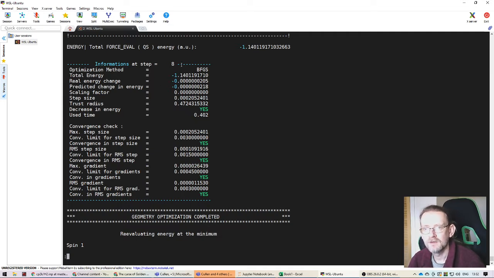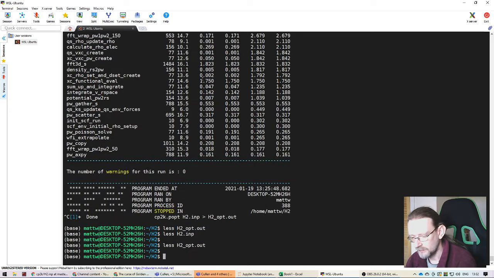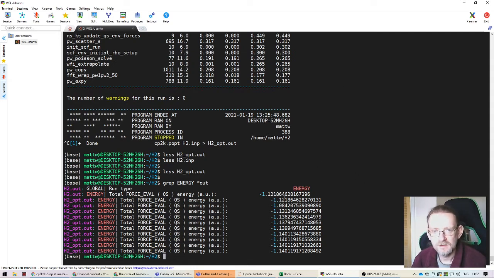And so after several steps, there's definitely a bit of noise in the system, otherwise it would have optimized more quickly. I get total energy. I look at the energy of the system. I can see that it started out with just one initial thing.